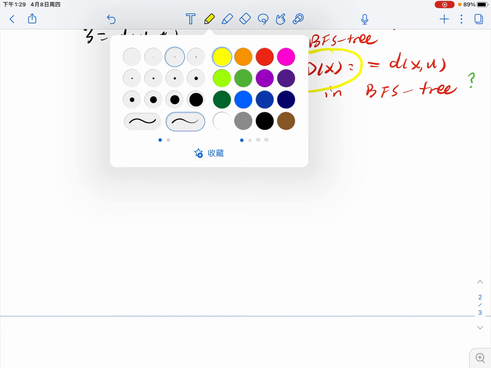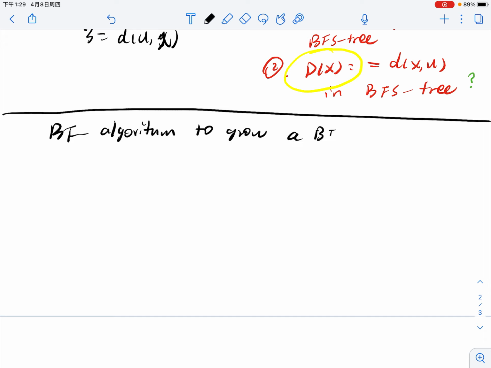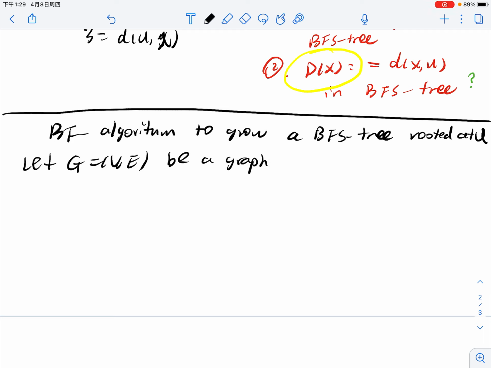Okay, so I first describe the algorithm to grow a BFS tree rooted at u. So let G be a graph such that it's of order n.